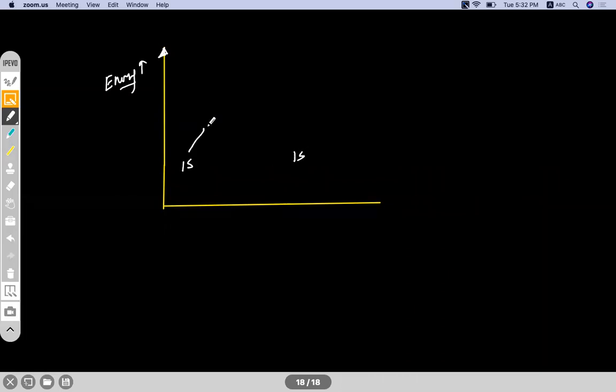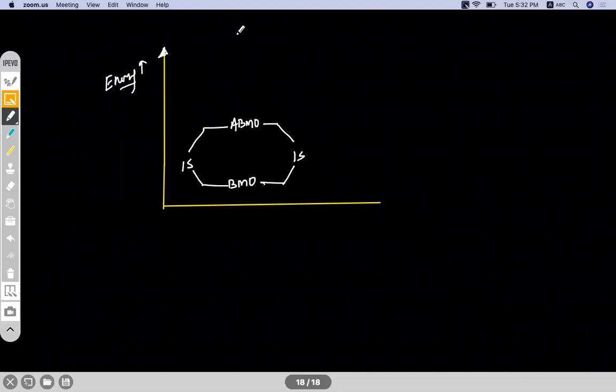So 1s when combines with 1s, it forms ABMO, and this also forms BMO, right? Since BMO has lower energy, so I'll write down BMO down and ABMO up. Similarly, you can also write down 2s combines with 2s. So it forms ABMO.